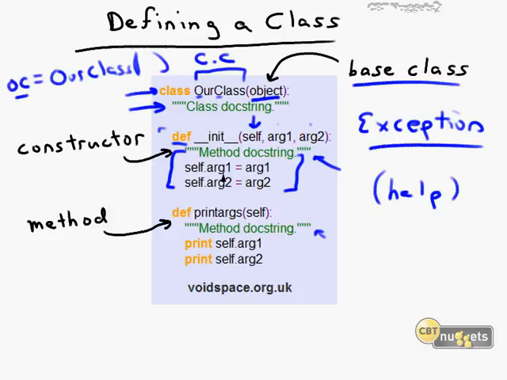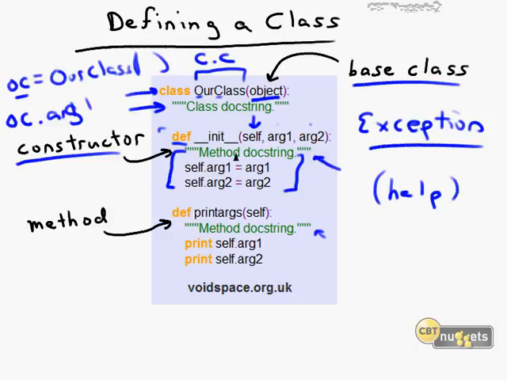Self, again, is a generic placeholder that's going to be substituted in our live code by oc. So we would say oc.arg1 to get back the value of arg1 that was passed into our definition. Same with arg2. So __init__ is again called a constructor, and it gives you your initial set of parameters when you create an instance of a class.